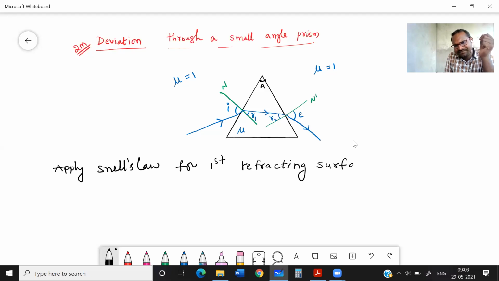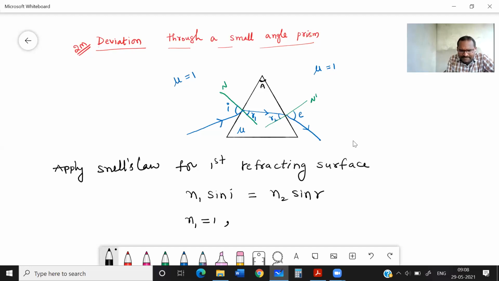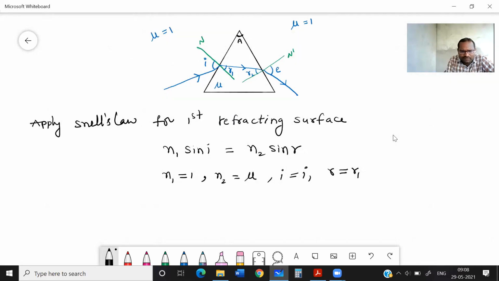What is Snell's law? n1 sin i is equal to n2 sin r. Correct? For the first refracting surface, the n1 value is 1, the n2 value is mu, the refractive index of the prism, the i value is i only, and the r value is R1. Substitute all these values. What will you get? You will get 1 into sin i is equal to mu into sin R1. Then you can say sin i is equal to mu into sin R1.